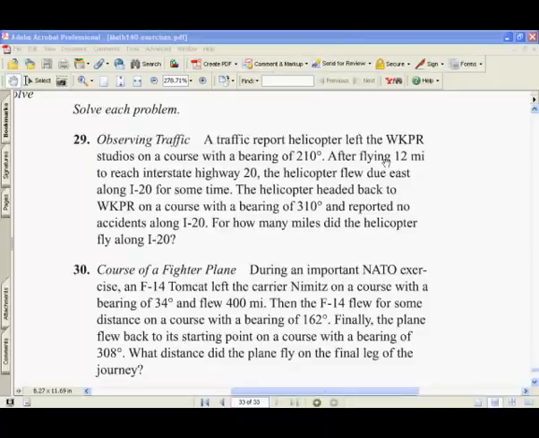After flying 12 miles to reach Interstate Highway 20, the helicopter flew due east along I-20 for some time. So now this helicopter flew 12 miles.